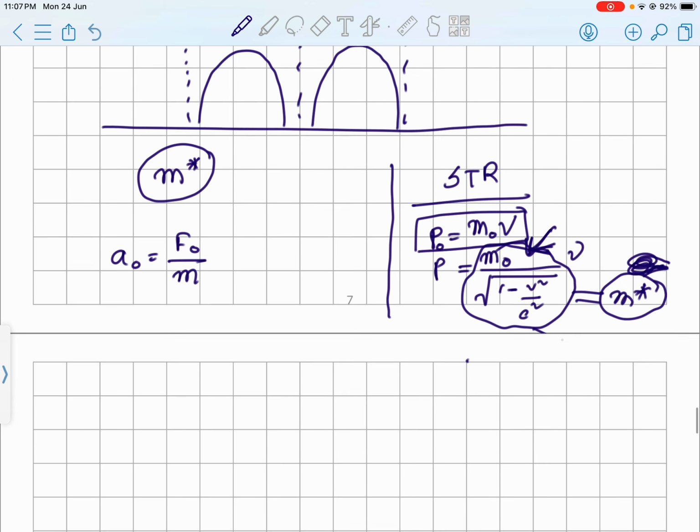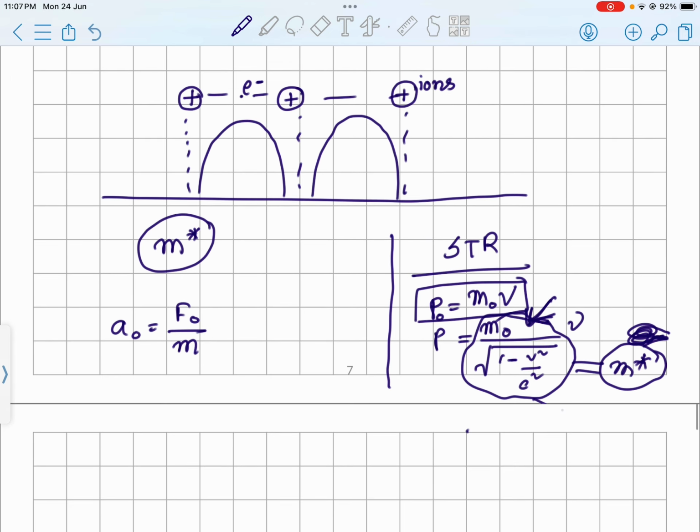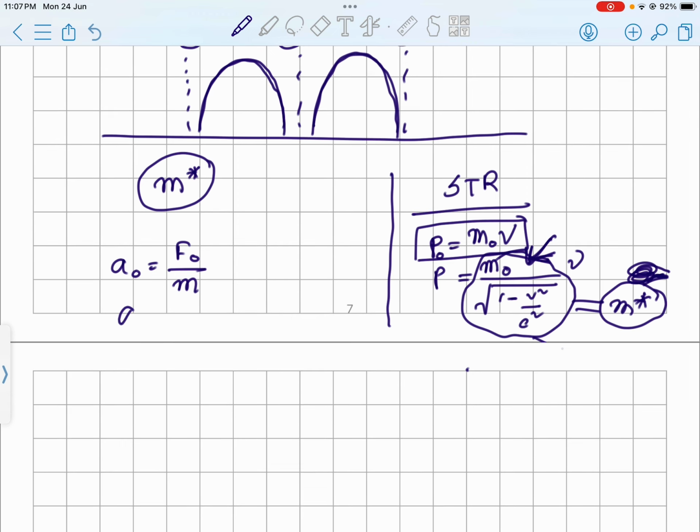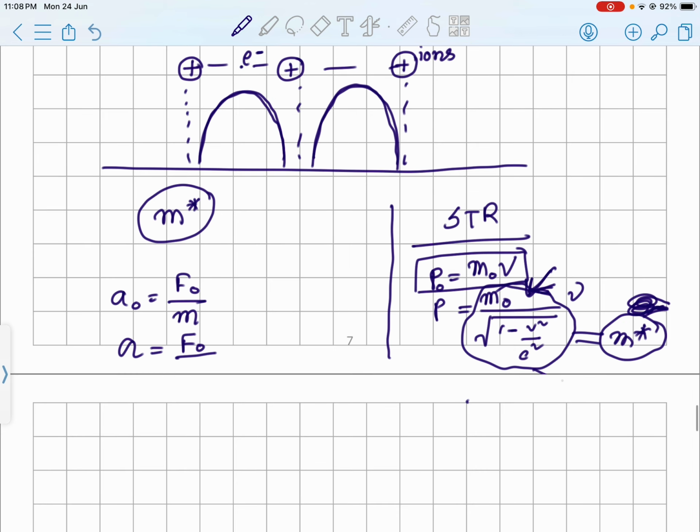Okay, now when we consider there is a potential, then there will be a force, and for this force there will be acceleration, and we encounter this acceleration in m star. Okay, and see, F0 we have not changed, only m is changed when we impose potential.